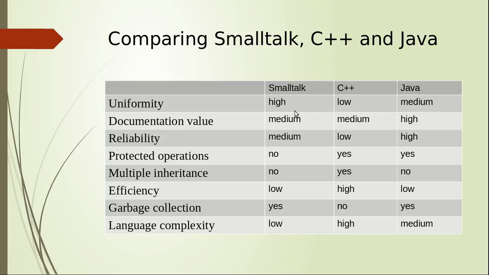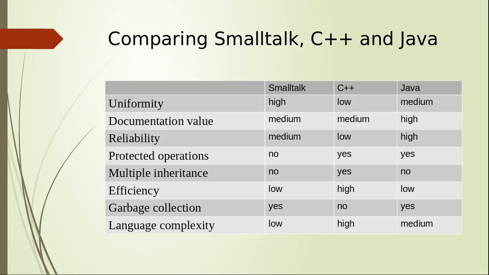We all know Java is okay, but C++ is pretty low. Documentation value is medium. You can find all the necessary documentation, and it's pretty consistent. In Java, it's pretty high. Reliability is okay. C++ is a little low, and Java is high on reliability.